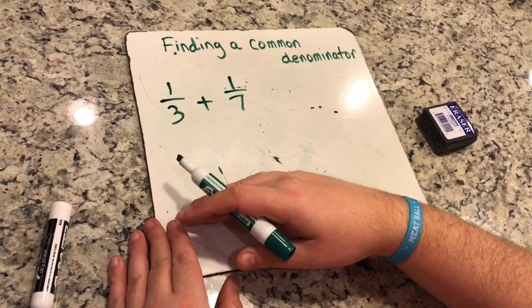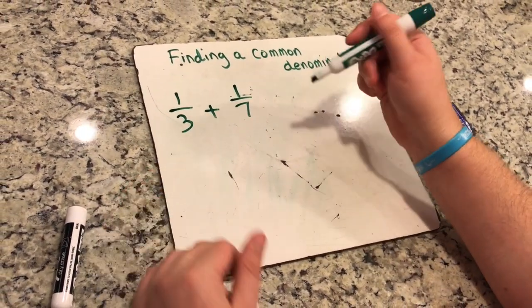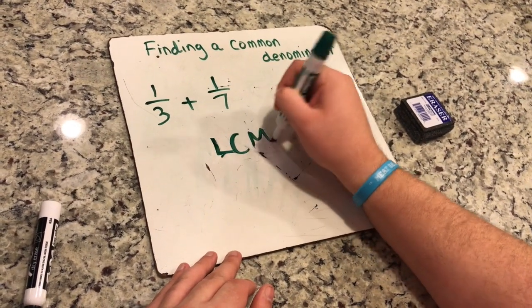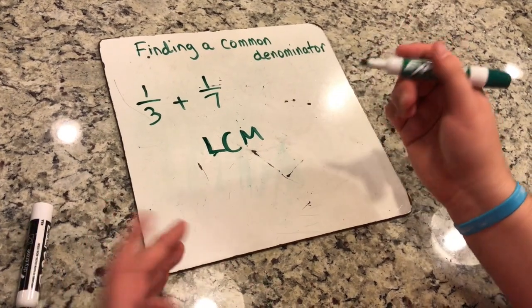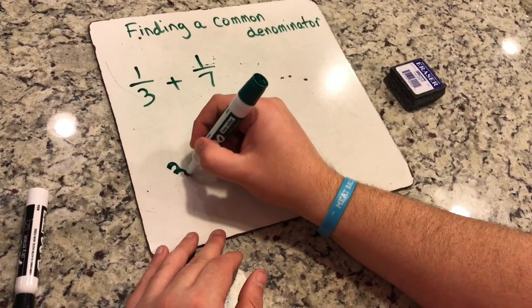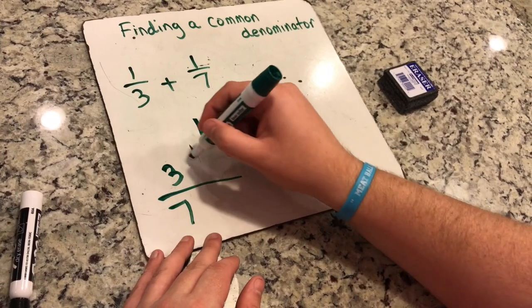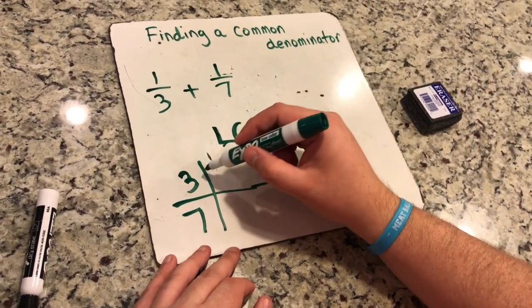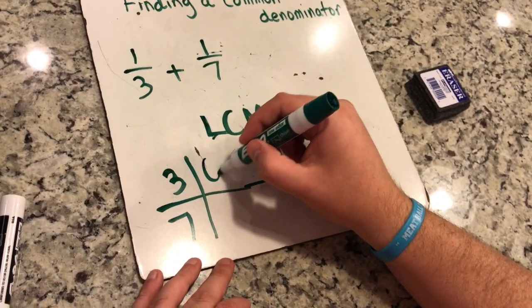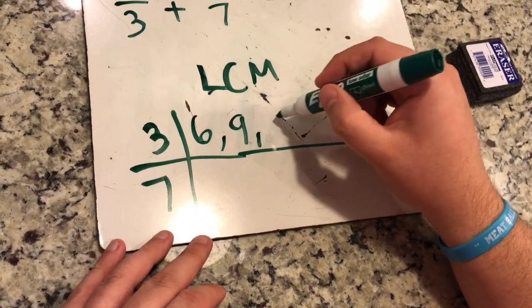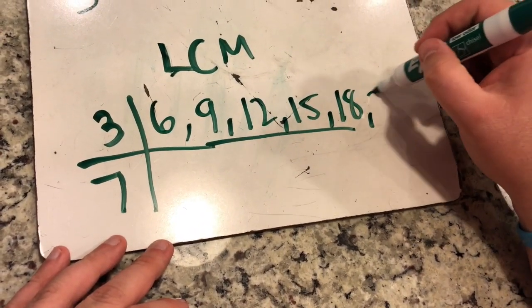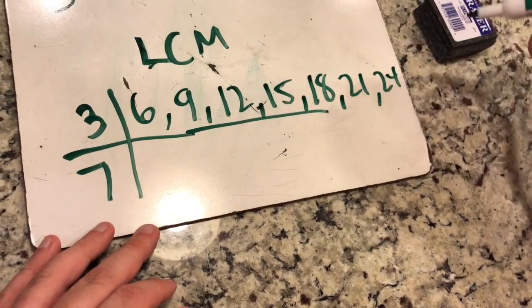Another way you can find the common denominator, not just for this problem, but for other problems, is to do what we call the LCM, or lowest common multiple, least common multiple. We just make a little T-chart, 3 and 7, and then we're going to skip count. If I skip count by threes, I'll have 3, 6, 9, 12, 15, 18, 21, 24, and so forth.